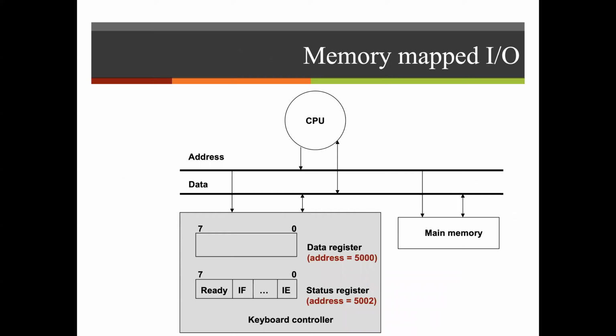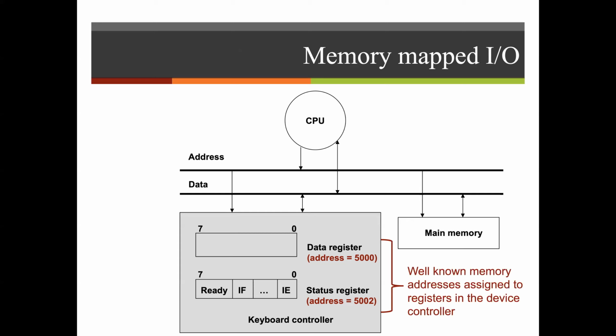We're also able to utilize this with memory mapped IO. And so in this representation, what we'll have is a processor memory model that can be used in order for the processor to read and write to memory using load and store instructions. So in this sense, we'll have our data registers and status registers that are assigned to the device controller.